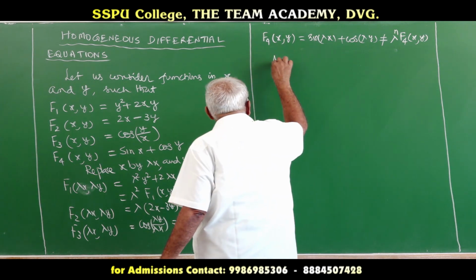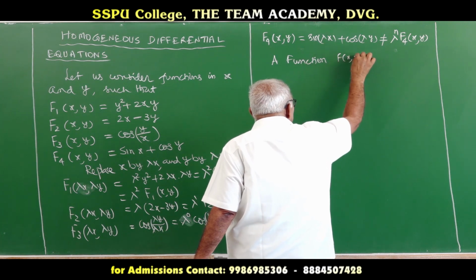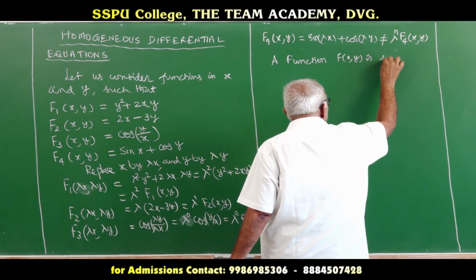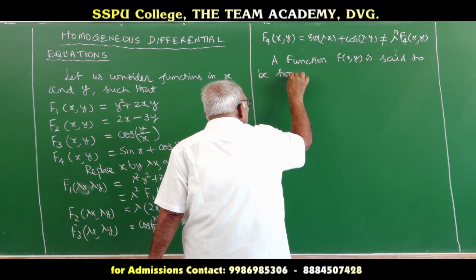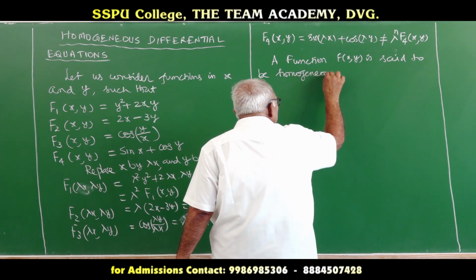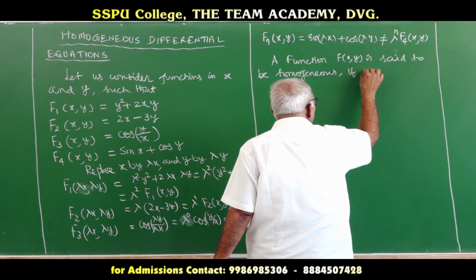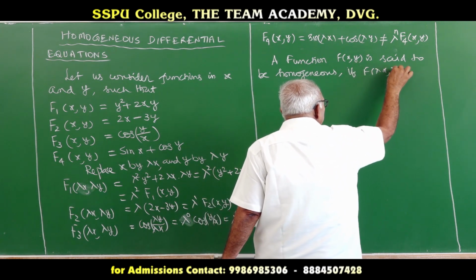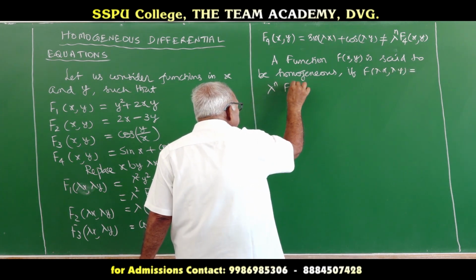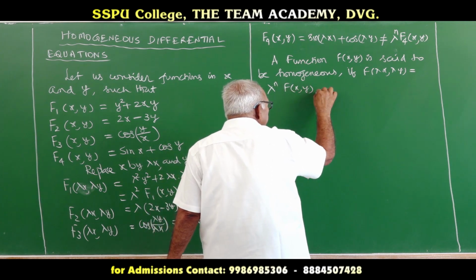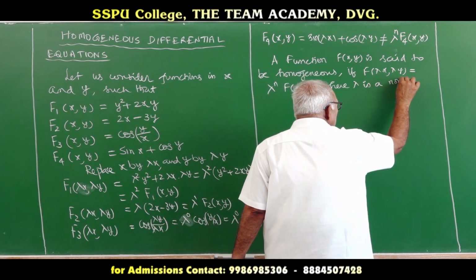A function f of xy is said to be homogeneous if f of lambda x, lambda y is equal to lambda power n into f of xy, where lambda is a non-zero constant.